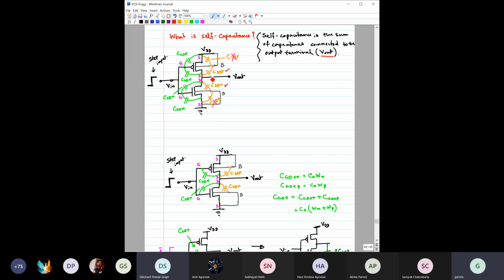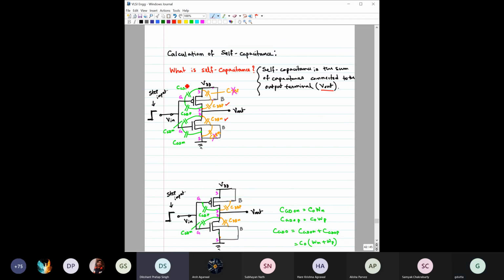So you have understood regarding these capacitances which are connected with the output side. Do you think that the capacitances I have drawn using this green color, CGSP, CGDP, CGDN, CGSN, would also play a role? CGDP and CGDN will contribute.